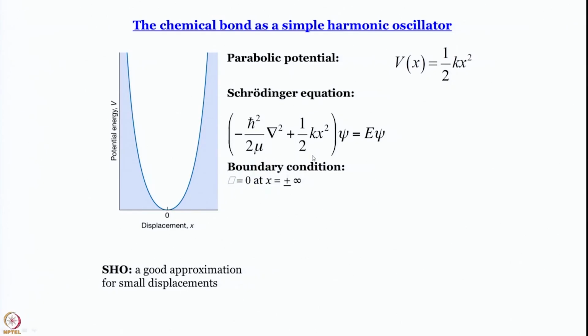If you remember the conditions that arose from the Born interpretation, the system cannot exist beyond x equal to plus minus infinity, right. So, for continuity, like in particle in a box, the boundary condition is psi equal to 0 at x equal to plus minus infinity, not wherever this potential energy surface is.